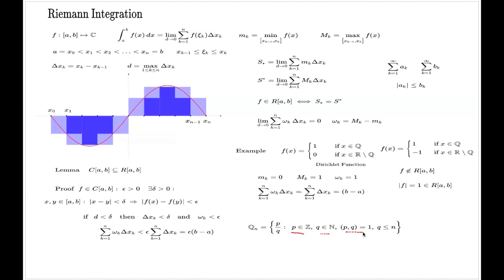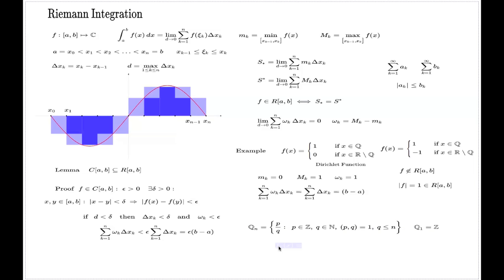They are co-prime, but that's the extra thing which makes it Q sub n. We take only those fractions whose denominator doesn't exceed n. For instance, Q1 will be just the integers, Z.